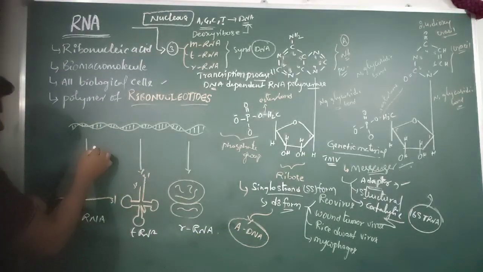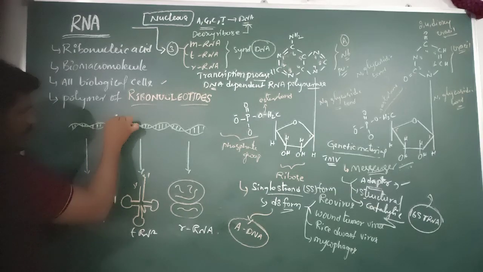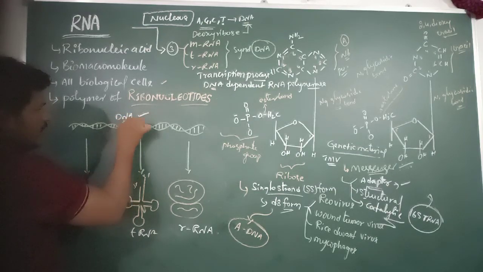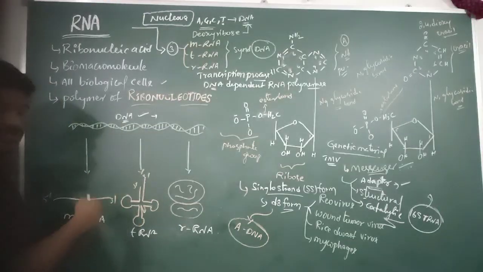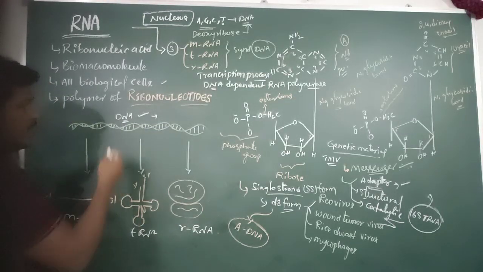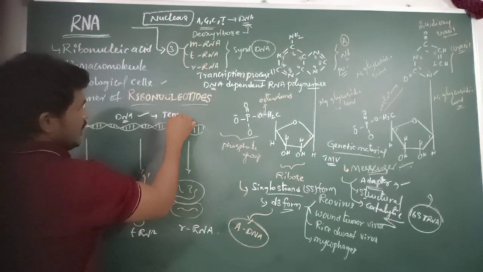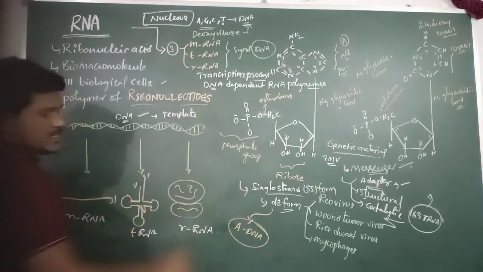All these three different types of RNA molecules are synthesized from the DNA because one strand of the DNA provides the nucleotide sequences for the synthesis of the RNA molecule, that is, the template strand.